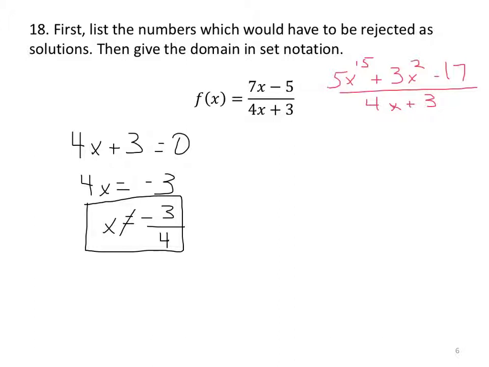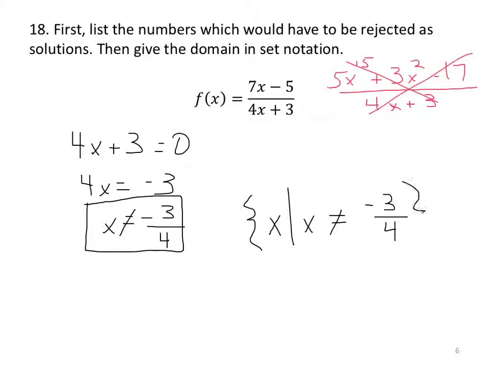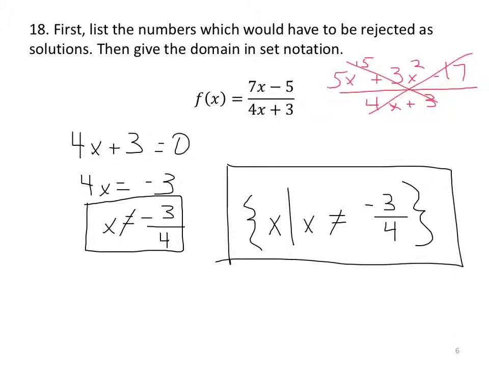Let's see if I can erase it. I can't. So I'll just cross it out. Alright, so we can go ahead and write down in set notation what the domain is. And the domain is that every value of x is allowed except for x equals -3/4.